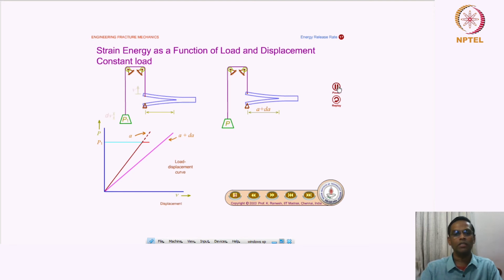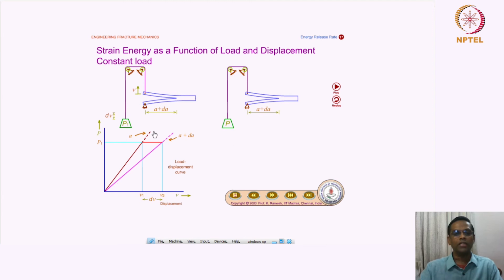I will just play this. Now the crack length becomes a plus da. P1 has started from here and reached this curve, and then it will follow this curve because the crack length is now a plus da. So what are we trying to understand from here? Now we can look at the strain energy for these two systems.